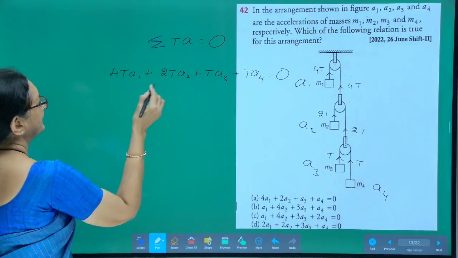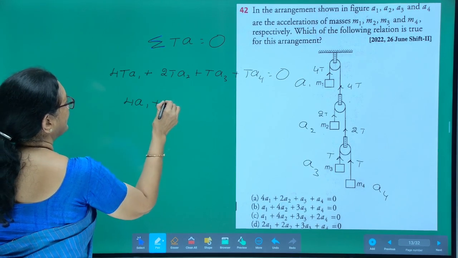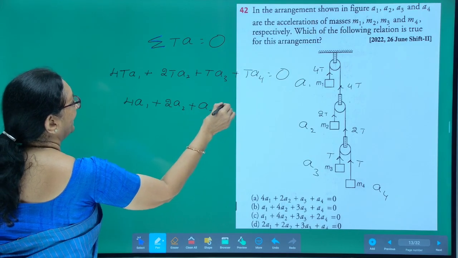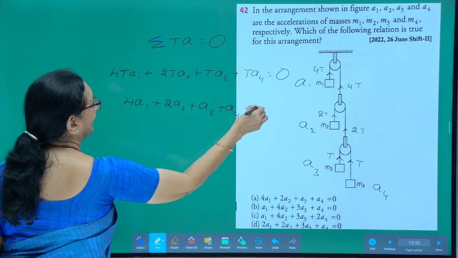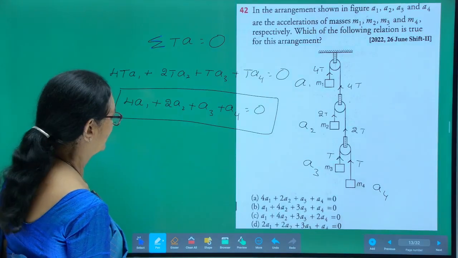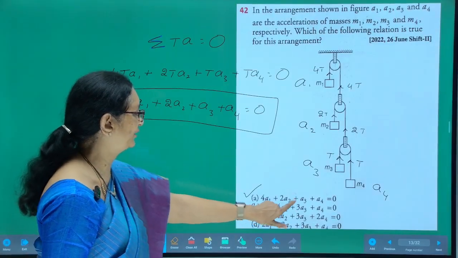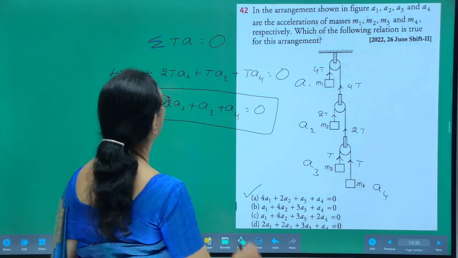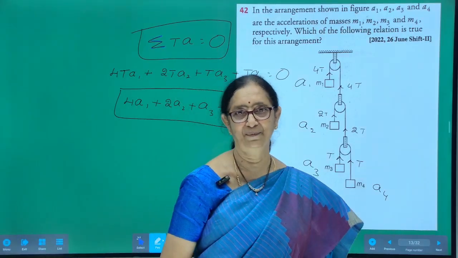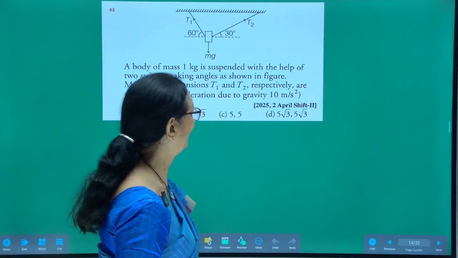If you take the T as a common factor outside, 4A1 plus 2A2 plus A3 plus A4 is equal to 0. Search for this option. So, 4A1 plus 2A2 plus A3 plus A4. This is the most important hint for that problem. We have done several problems based on that hint.